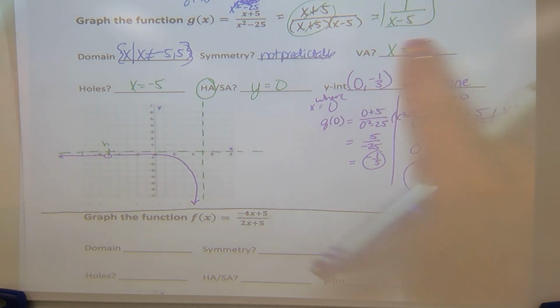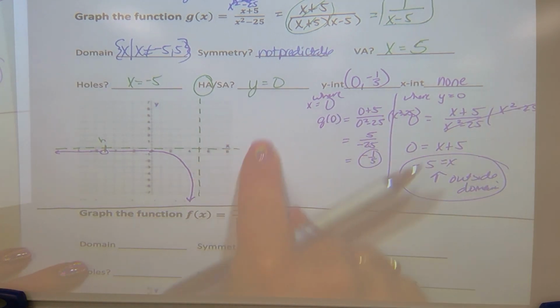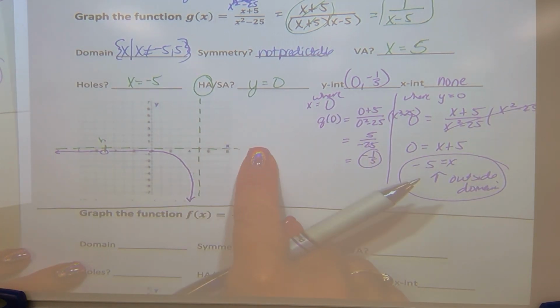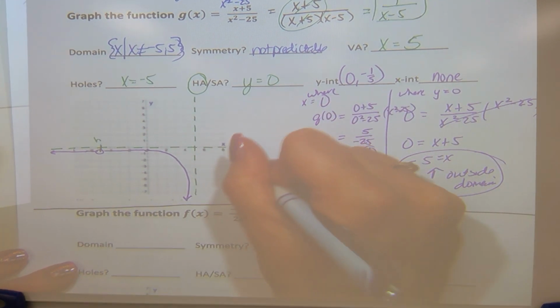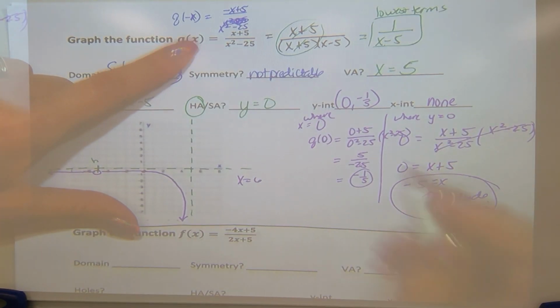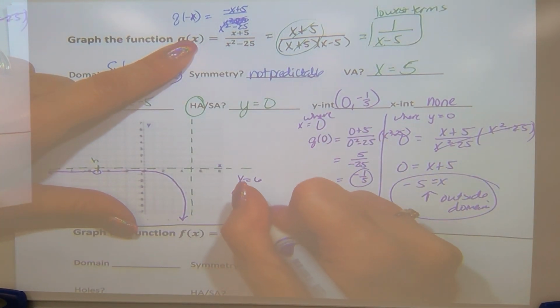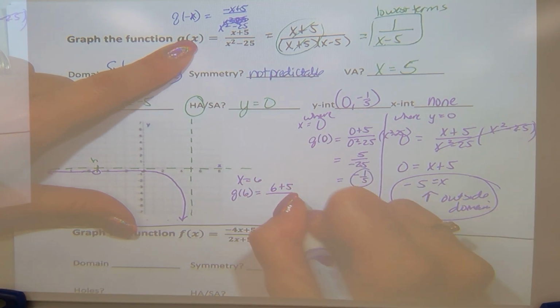Let's check an additional value for x, something over here on this side of my vertical asymptote. My vertical asymptote is at 5, so let's check x equals 6 and see what happens. If I take 6 and plug it in for x, g of 6, that's 6 plus 5 over 6 squared minus 25.